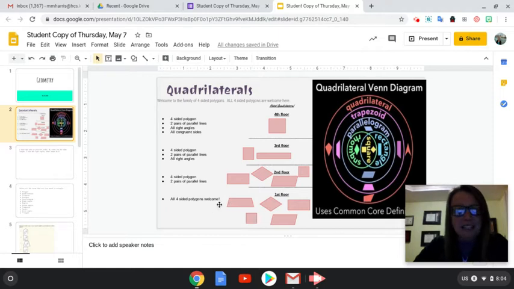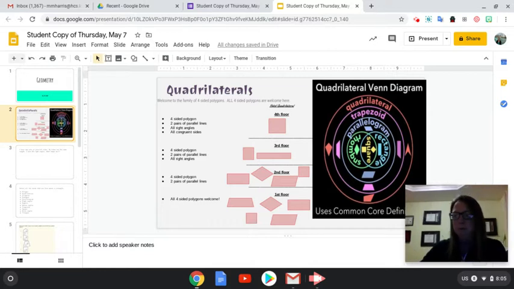So let's go down here on our first floor, and you'll see that all four-sided polygons are welcome. That means that they're all quadrilaterals. Anything that is inside of this circle right here, we're saying is a quadrilateral, and that just means that they're all four-sided figures. Doesn't matter if they have a name. If it is a four-sided polygon, it is a quadrilateral. Because remember, we have some of those weird shapes too that don't have a name.